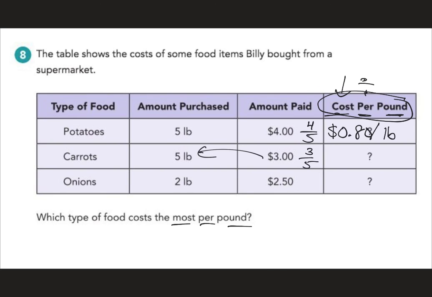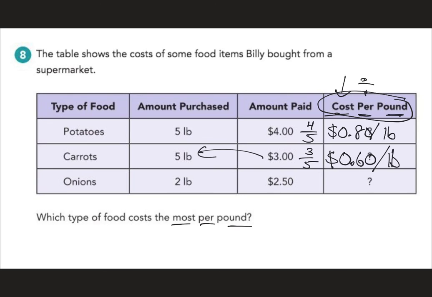She's typing in a decimal because if we just type 3 divided by 5, the calculator is going to say 3/5. So $3 divided by 5 pounds is 60 cents per pound.